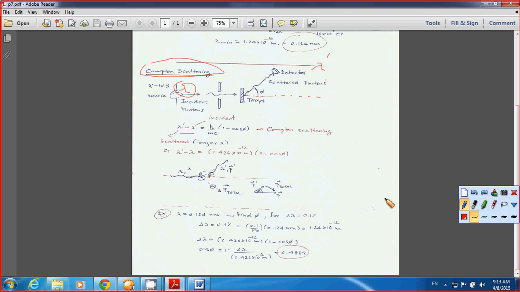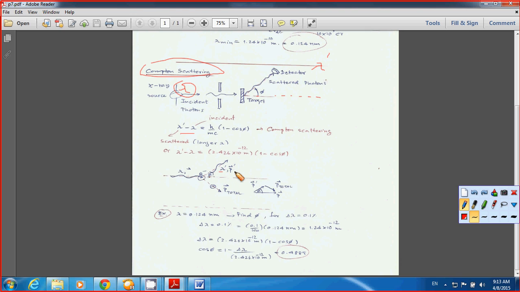And you take a look at this one. You have the lambda of the photon coming in, and when it hits an electron, it's going to deviate with the angle phi and give you a new wavelength and a new momentum.